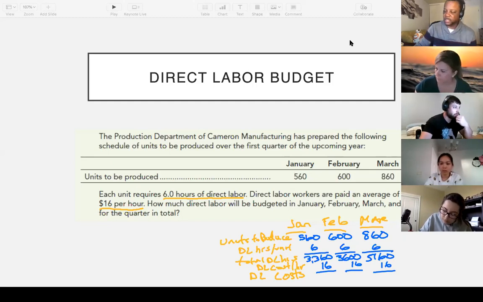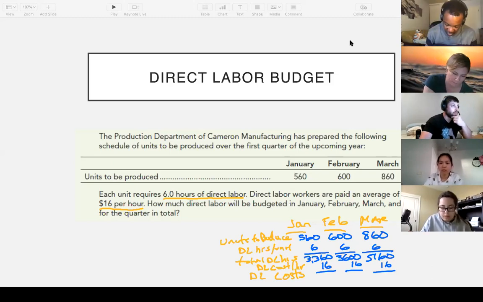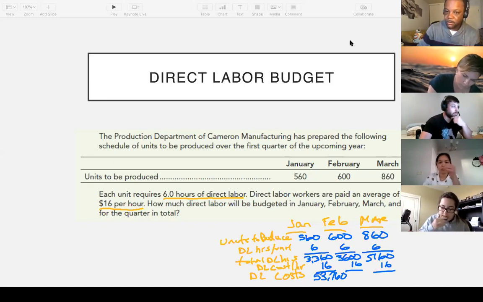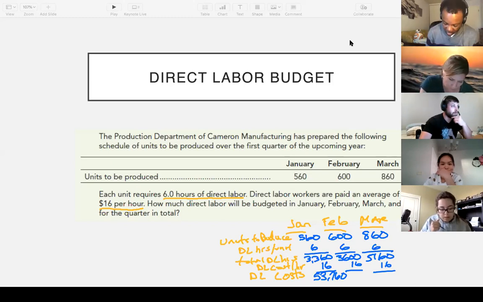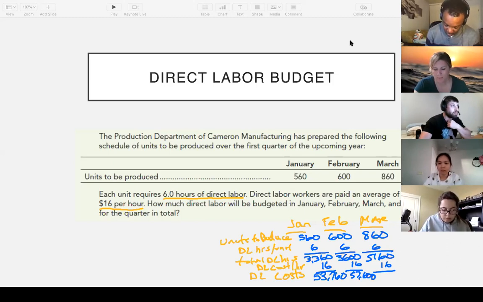But here we just multiply 3,360 by 16, and that is 53,760. February is 57,600. And for March, that is 82,560.